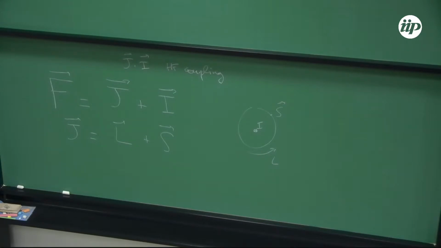Now, imagine that B0, our static magnetic field, depends on position. So now position plays the role, or B of R plays the role, of my parameter lambda I introduced initially.